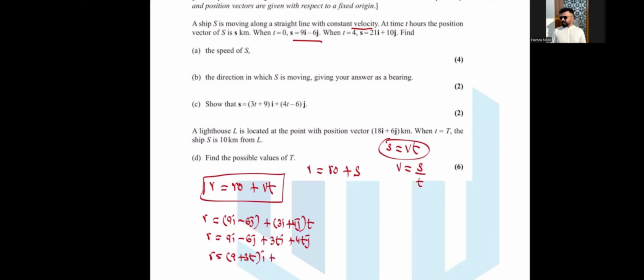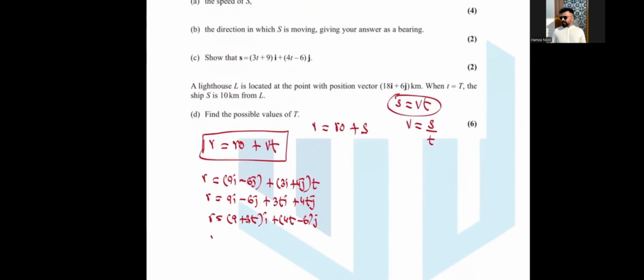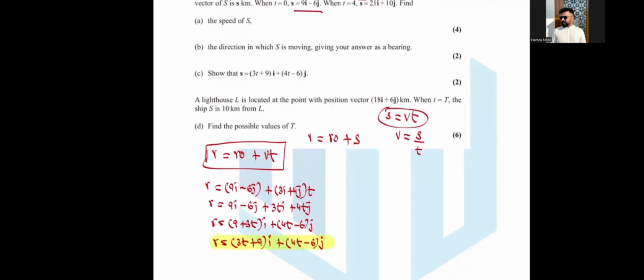As far as the j component is concerned, taking j as common, multiplied by 4t minus 6. This is the j component. So now I'm going to write my answer in the required form: the i component is 3t plus 9, and the j component is 4t minus 6. This is our answer.